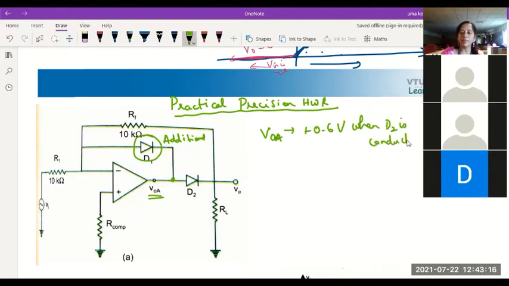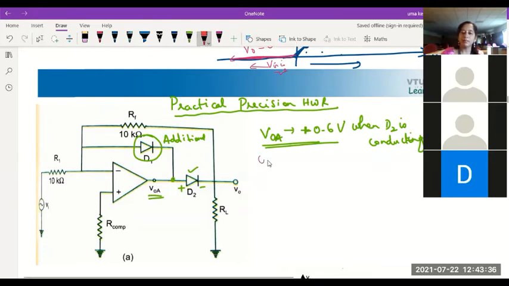Whenever this diode D2, which is in the feedback loop, is on, the output will be at the drop across the conducting diode, plus 0.6 volts. So the output will remain at plus 0.6 volts whenever D2 is conducting.